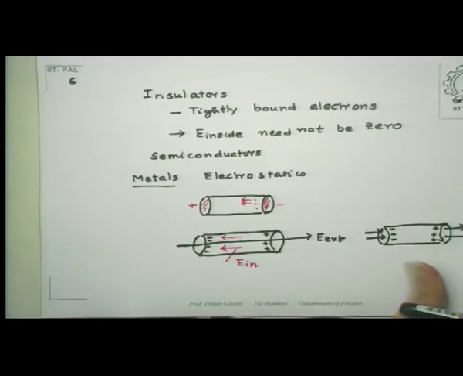Now suppose I do something more. I have a method of removing these electrons which come here fast enough. So basically what I am creating is a pump. Let me go back to the same picture again, but create a dynamic condition.